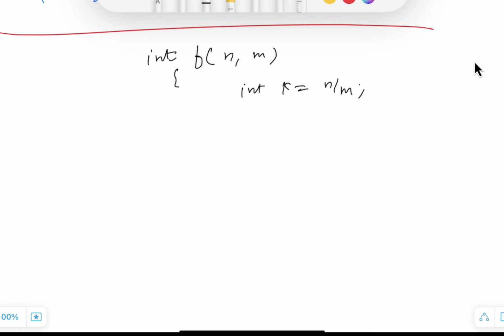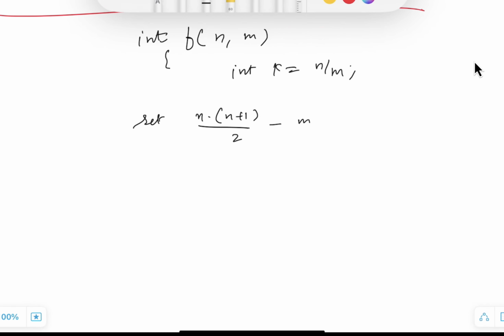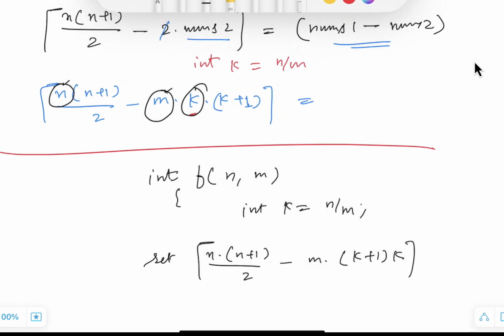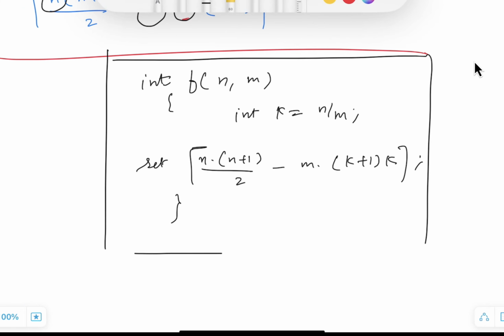I can directly write return n into n plus 1 divided by 2 minus m into k into k plus 1. This is the formula, so this is our complete code for this approach.